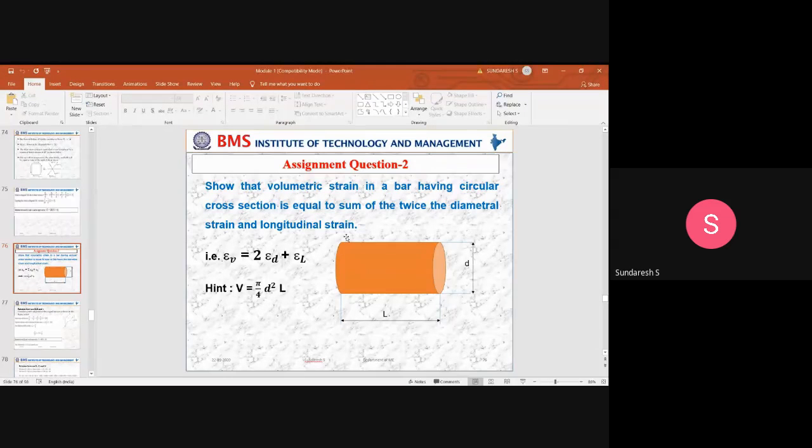Show that the volumetric strain in a bar having circular cross section is equal to the sum of twice the diametral strain and longitudinal strain.